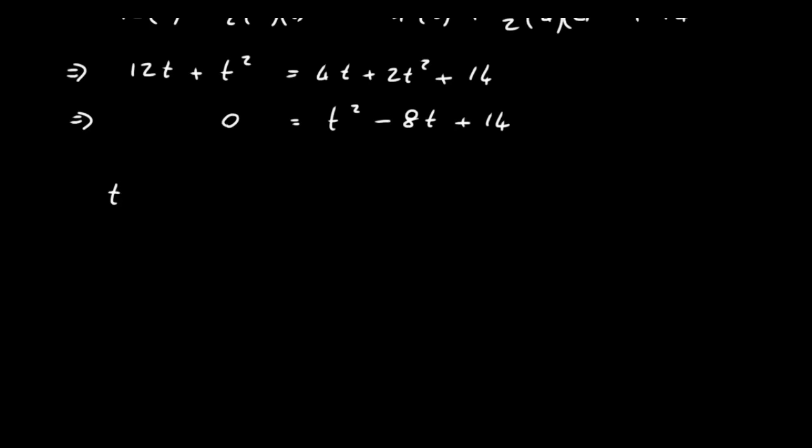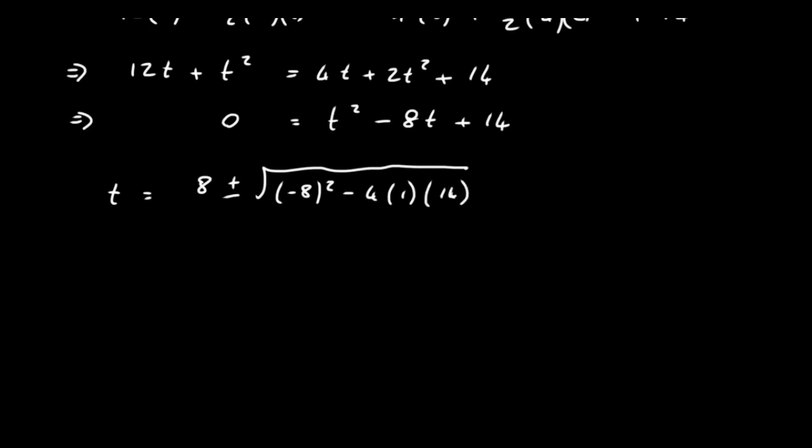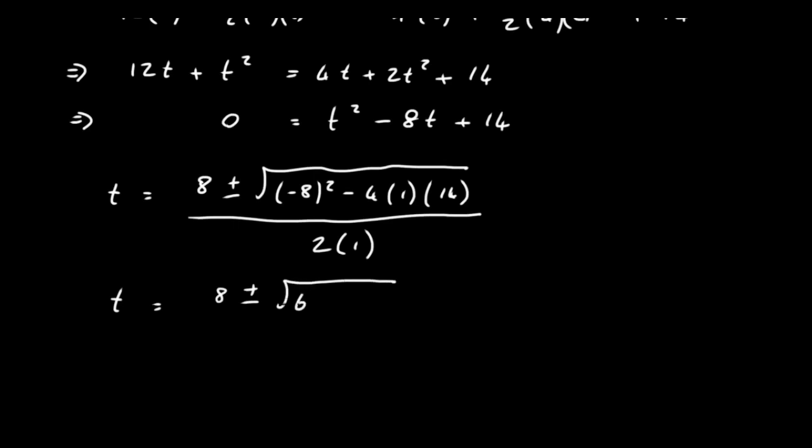So t is going to be equal to minus b, so it's 8, plus or minus the square root of b squared, 8 squared, minus 4 times 1 times 14, all divided by twice 1. If we do this, we get t is equal to 8 plus or minus, let's see, we've got 64 anyway, and then we've got a minus 56, divided by 2.